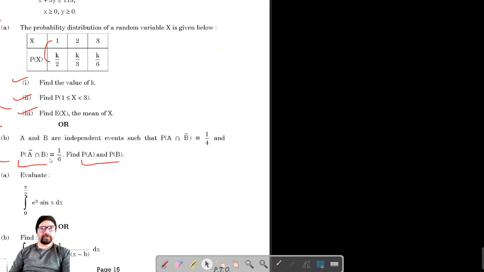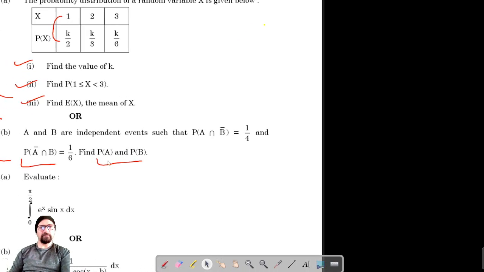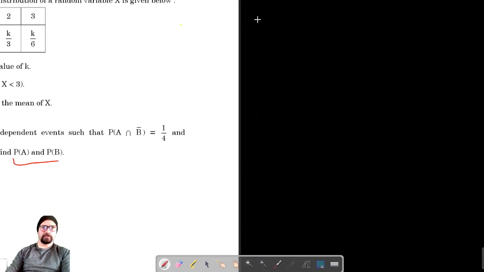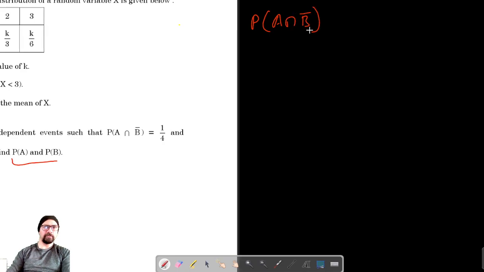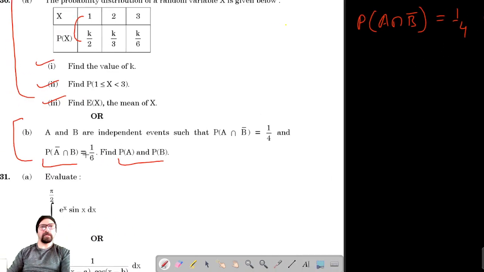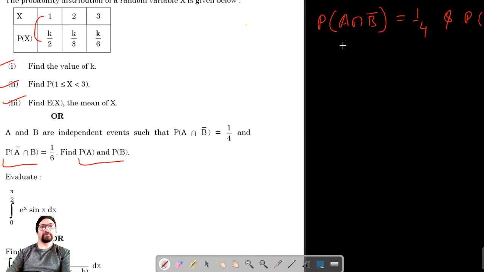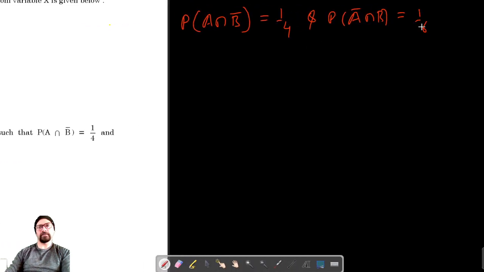So it's given that A and B are independent events such that, let's write down what's given to us. The probability of A intersection B naught is equal to 1 by 4, and the probability of A naught intersection B is equal to 1 by 6.